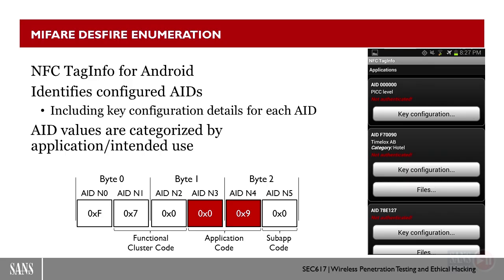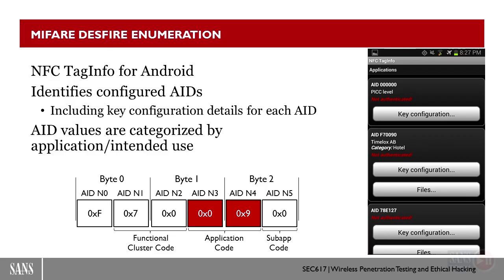We can use NFC Tag Info for Android to find out which applications are configured and what categories they are for and their intended use. Looking at a couple of these, we weren't able to authenticate to some of the applications because we didn't have any keys for either triple DES, AES, or AES Plus, depending on the card.